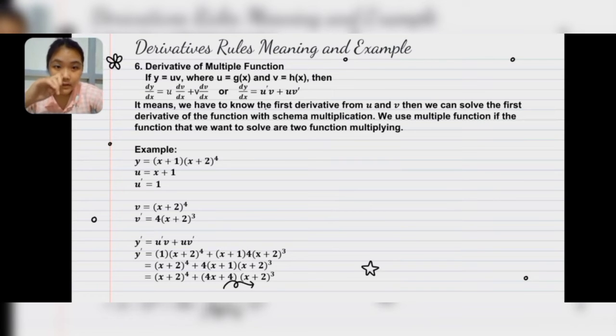And then the formula, I'm using the second formula. Y prime equal u prime v plus uv prime.